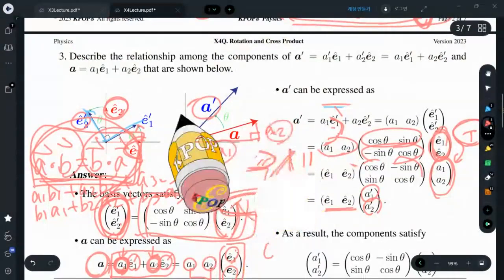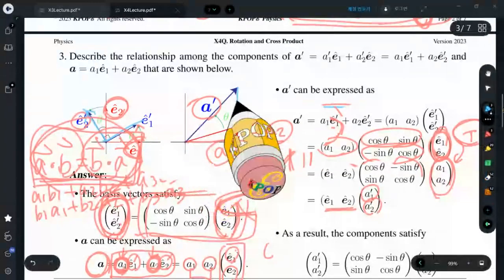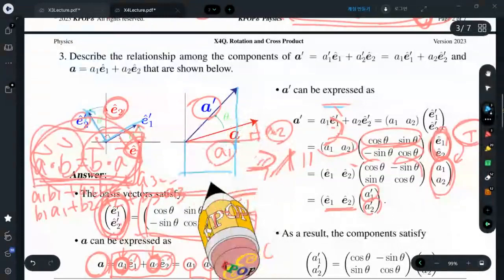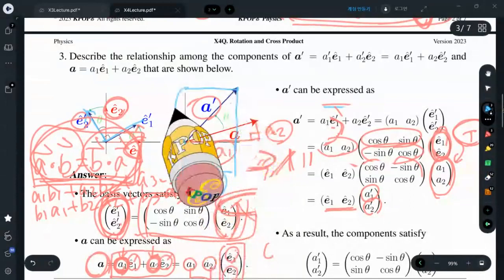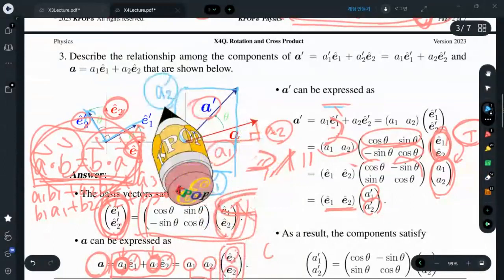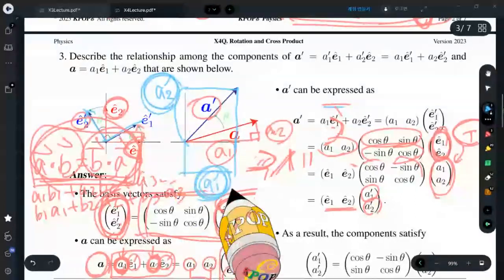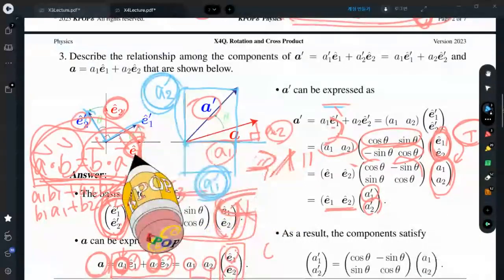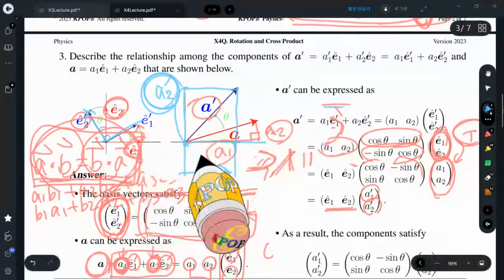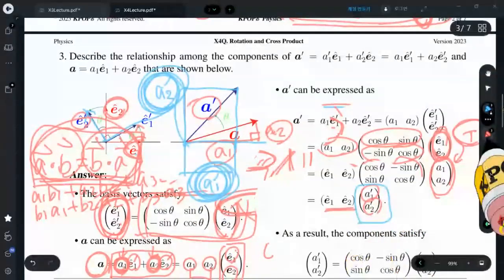After rotation, this vector has a different x component that is called A1 prime, and a different y component that is called A2 prime. So these are new components in terms of the old original basis vectors E1 and E2 that we are interested in.